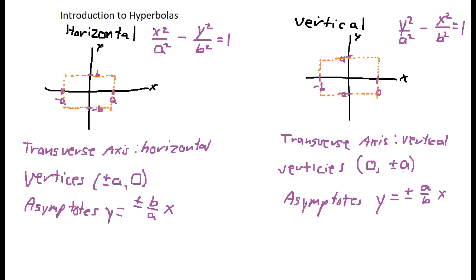So let me get another color here for my asymptotes. I'll use green. It always helps if you use a ruler, and I am not very good with the ruler tool on this. It should go through the center, and connect here. Okay, I'm going to put my asymptotes on the other one, on the vertical one.